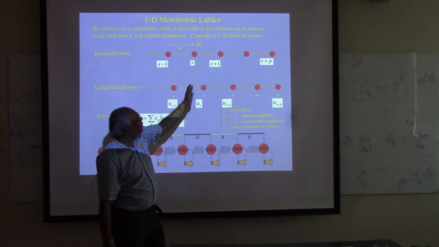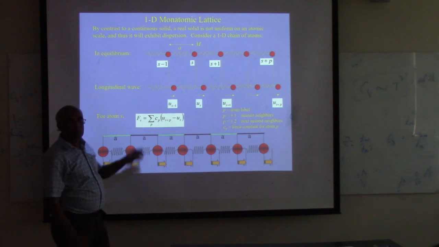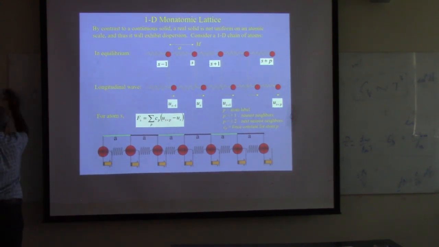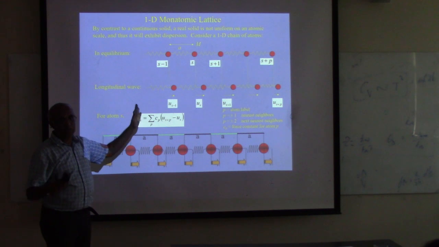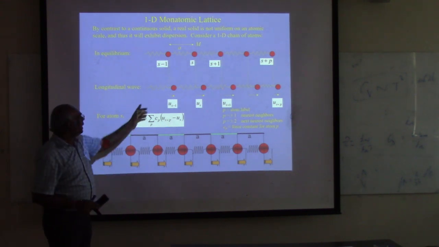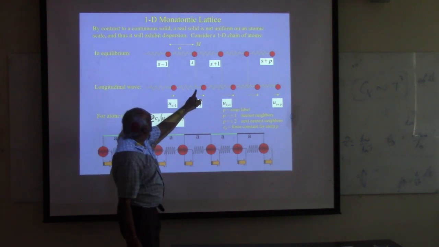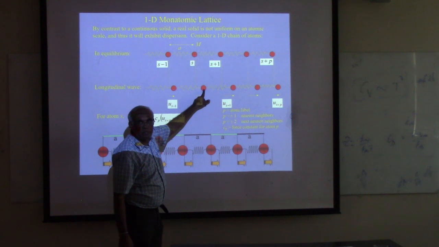So if I consider all the atoms, can I write the total force? Let's see, if the force constant is C p, they all are the same, right? We can assume all the spring constants to be C. Then, if I consider this S atom, what is the total force on this one?